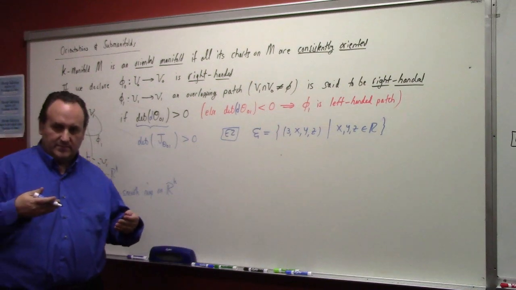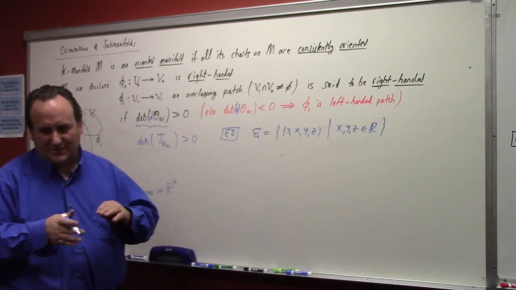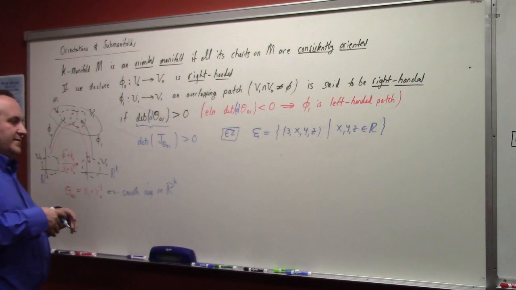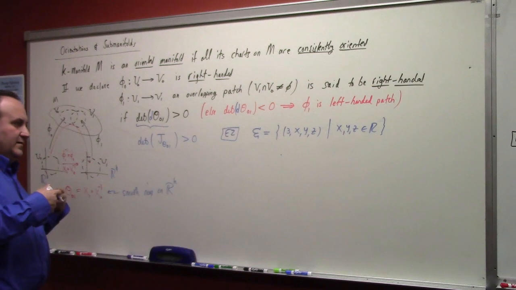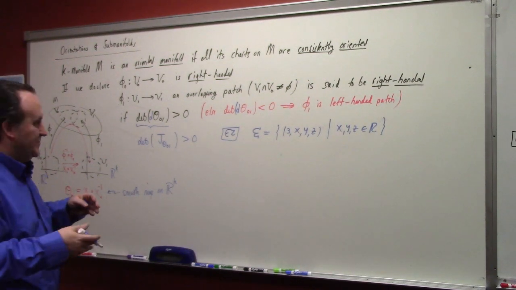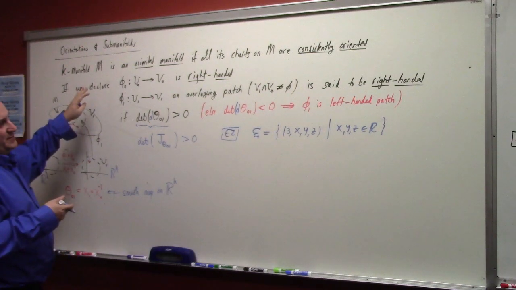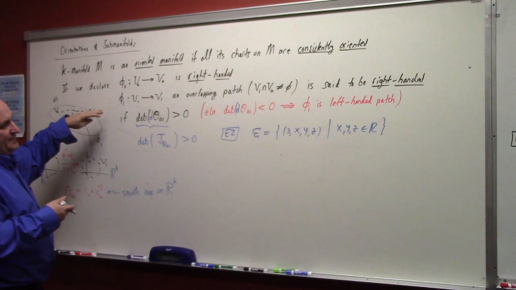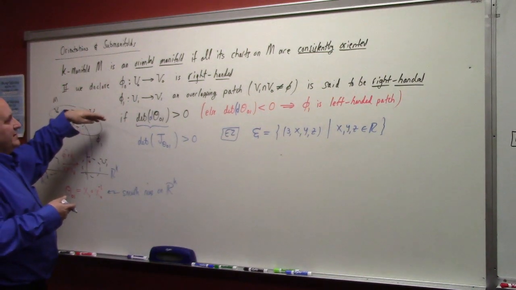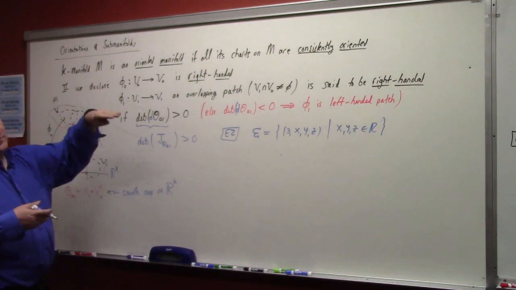I could orient it. So to orient the manifold, and this is what I'm getting to, I'm taking my sweet time to get to it, one way to say it would be that, like I'm doing here, I pick a chart and then I say it's right-handed, and then I say there's an atlas of consistently oriented charts, right?